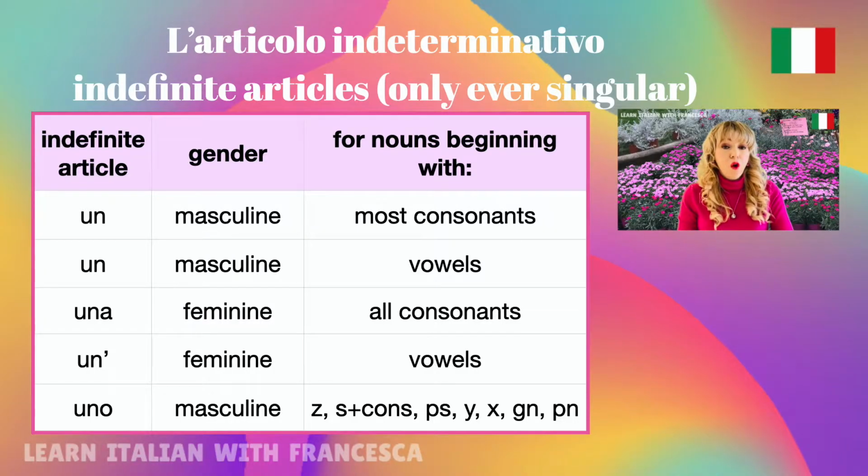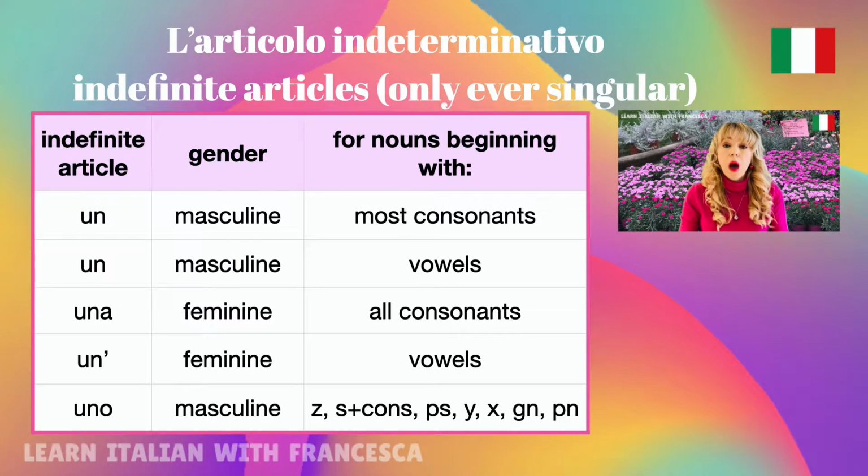So let's recap. There are 4 different words for a or an or one in Italian. And they must be used only in the singular. There is un, masculine singular, used for words that begin with consonants, except for the category of Z, S followed by another consonant, etc. We also use un for masculine singular nouns that begin with vowels.